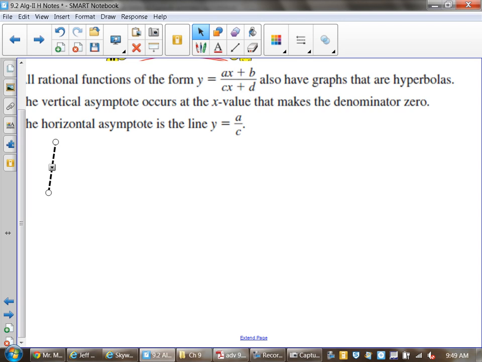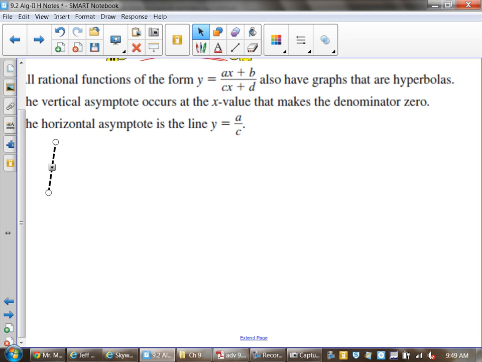When they're written in the form like that, they're not following the same pattern for your horizontal and vertical asymptotes. So what you have to understand is, again, the vertical asymptote is going to be the 0 of the denominator. That's going to be a standard for everything.